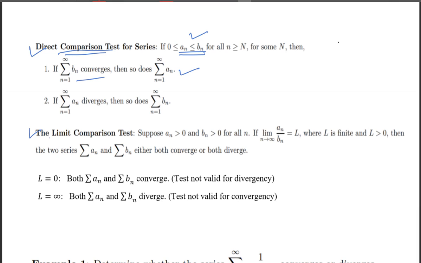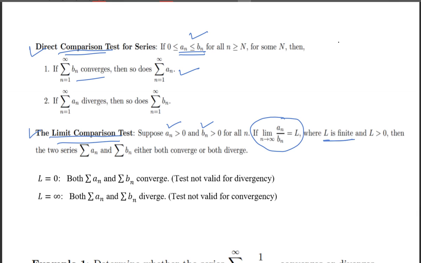And another form is the limit form of the comparison test. In this form, we have two series an and bn, and these two series must be positive term series. If we take the limit as n tends to infinity of an by bn equal to l, where l is finite and greater than 0, then both an and bn are either convergent or divergent.